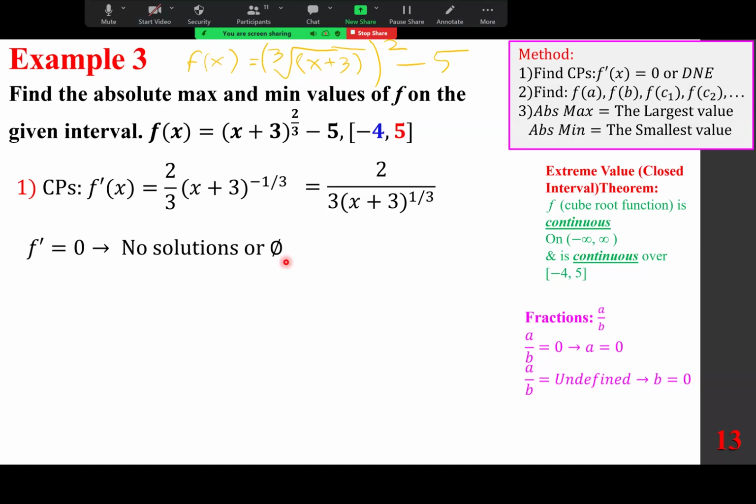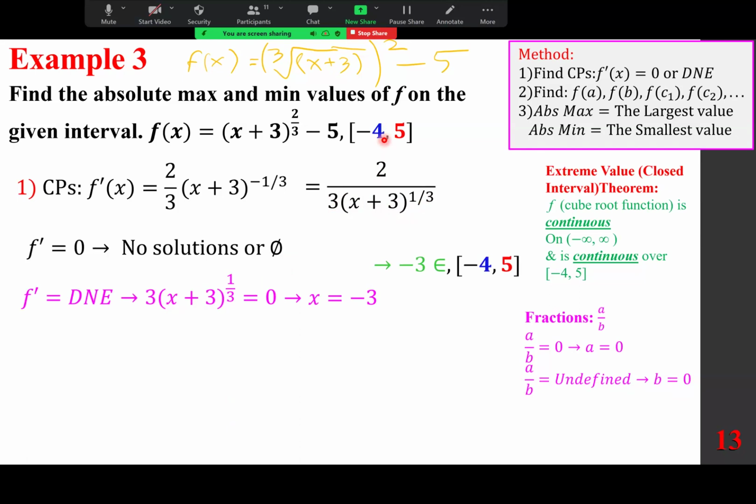Now, f prime is undefined or does not exist. You set the denominator equal to 0. So when you set this one equal to 0, clearly when you choose x equals negative 3, the denominator becomes 0. And you're going to ask yourself, is negative 3 in between the given numbers for the interval? And the answer is yes.